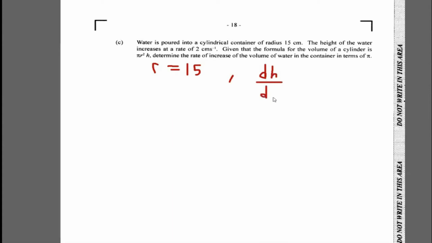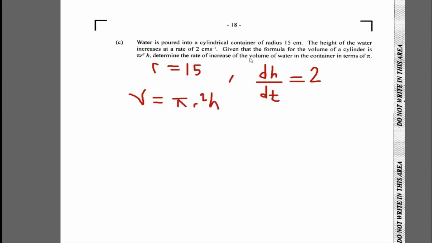So dh by dt is equal to 2. And it says, given that the formula for the volume of the cylinder is pi r squared h. So this is the next thing they give us, volume is equal to pi r squared h.